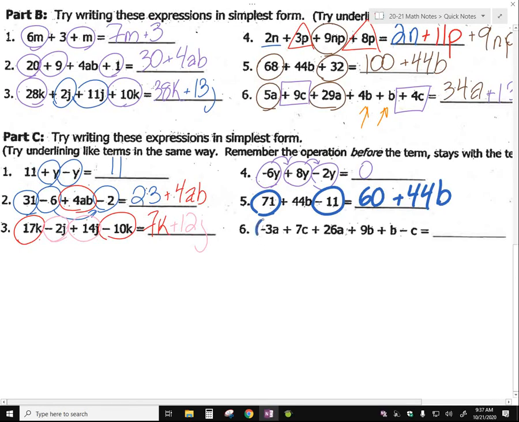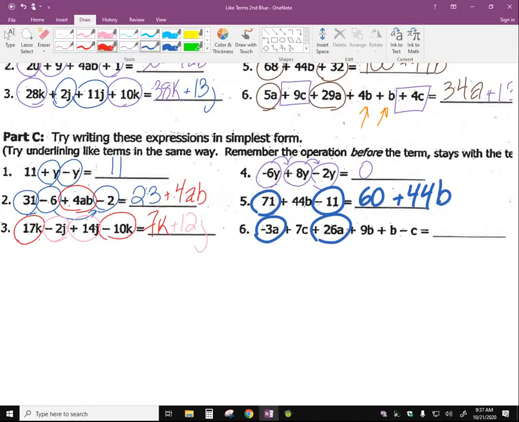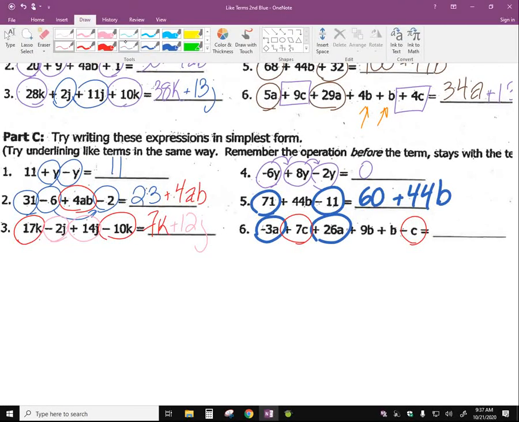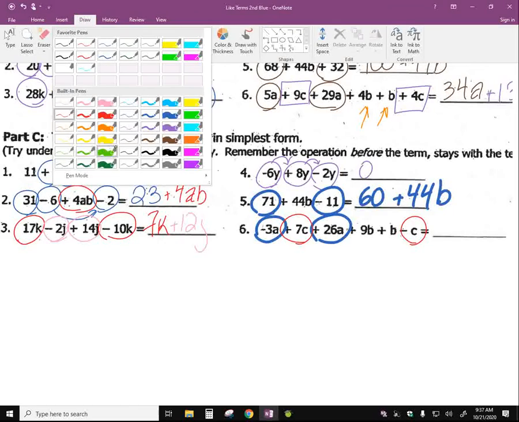We have a -3a, a 26a. The next like term that I have is 7c and a -c. I'm circling the operation as well to make sure that I can translate that better.